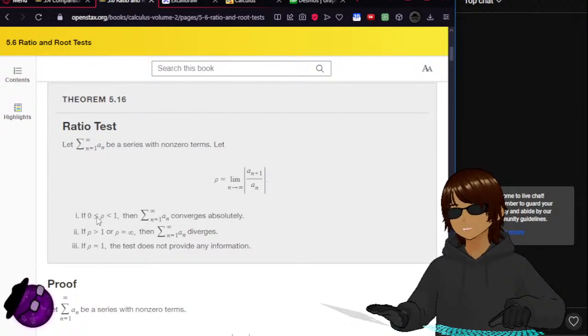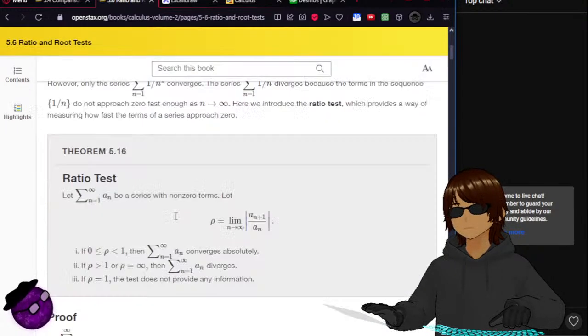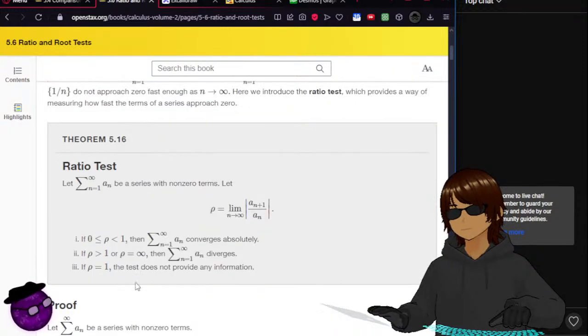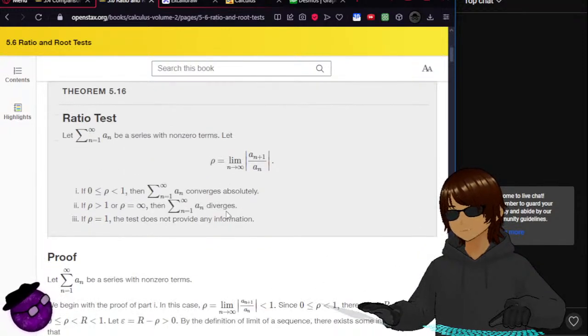If P is between 0 and 1, then an converges absolutely. If rho is more than 1 or infinity, then an diverges. If rho is equal to 1, the test does not provide any information.